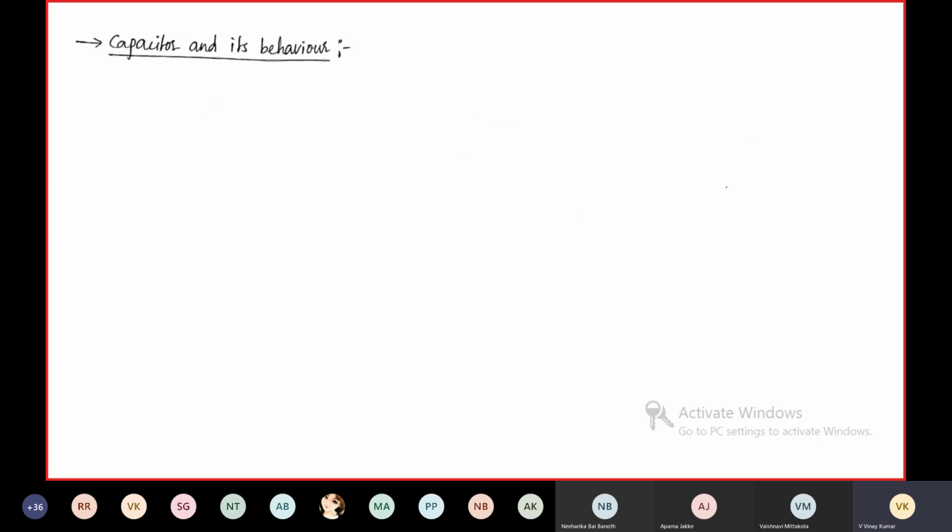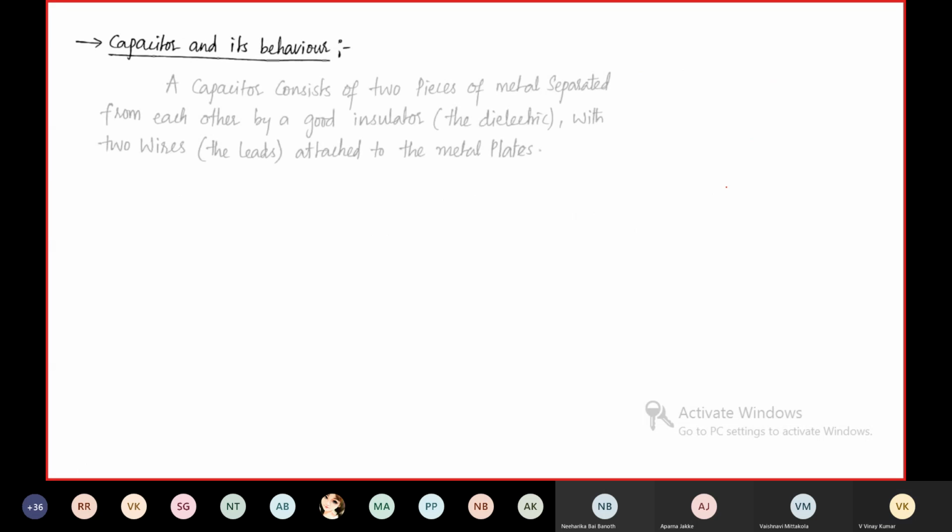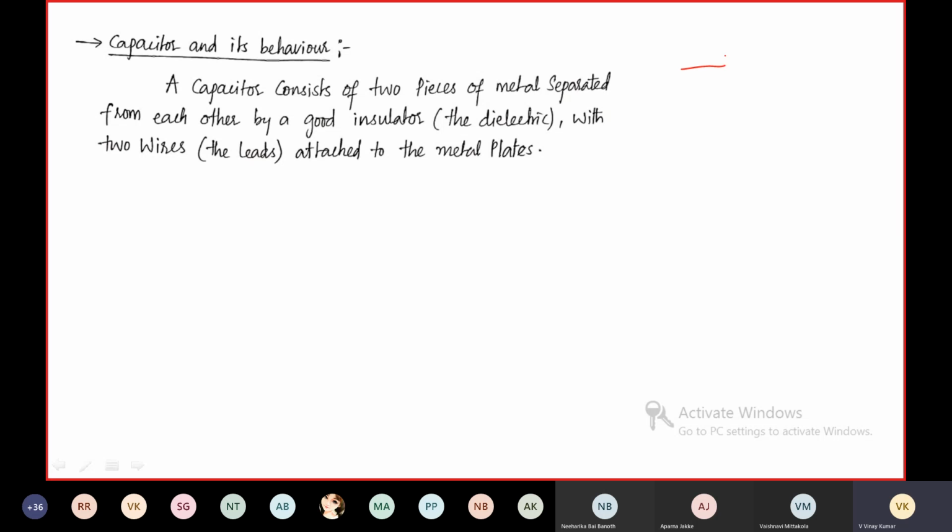Capacitor and its behavior. A capacitor consists of two pieces of metal separated from each other by a good insulator.